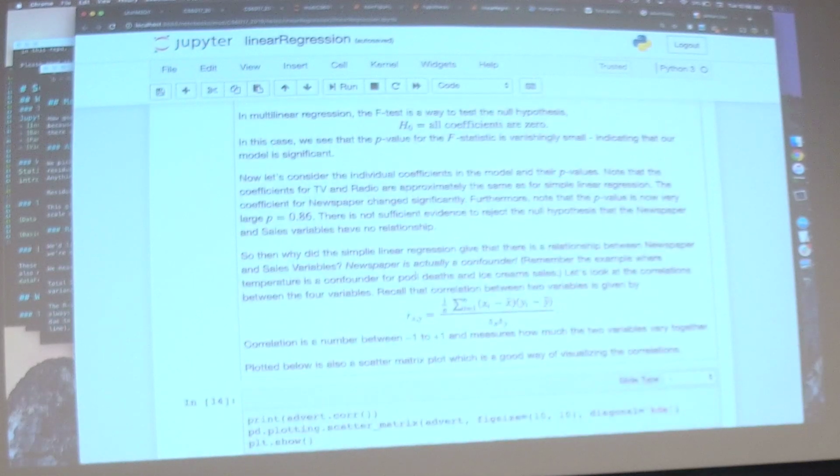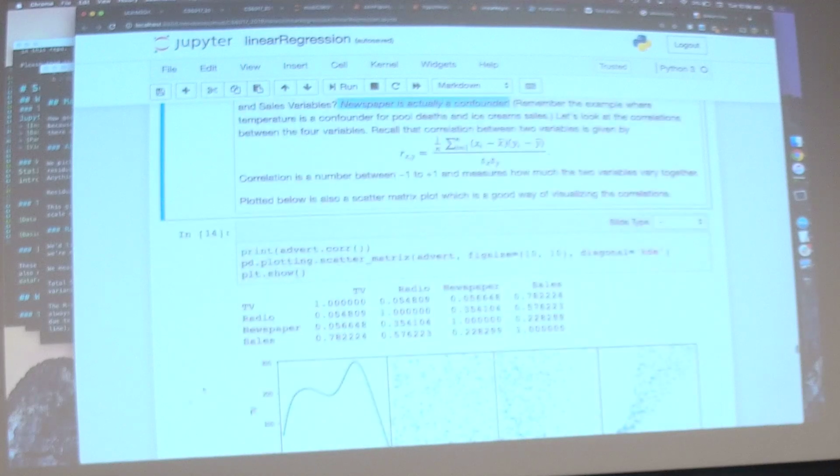So the newspaper is a confounding variable, right? When you just look at newspaper, there seems to be a relationship, but really it was probably an indirect relationship between the other advertising methods and sales that we didn't see right away.